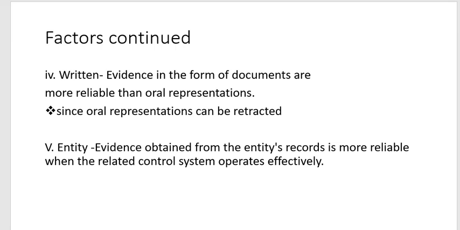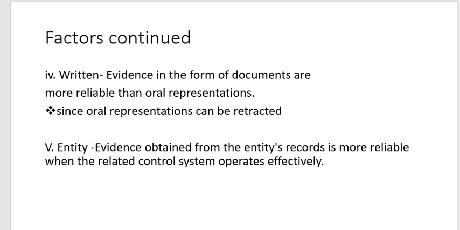Entity. Now, when you are trying to get evidence from the entity directly, the only thing that can make you rely on such evidence is when controls are strong. A good example is, I want to see the customer's balances in Sage accounts. The auditor will only rely on the customer balances from Sage accounts if you have got a strong password in your computer system.